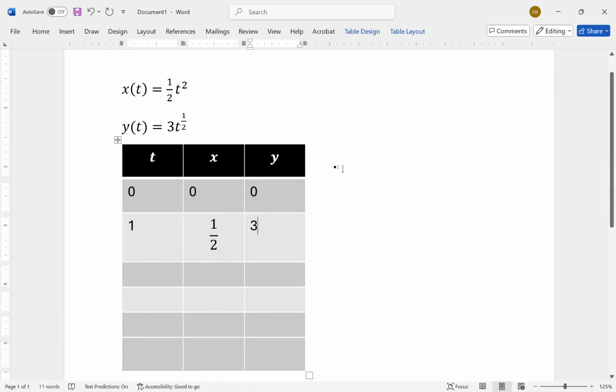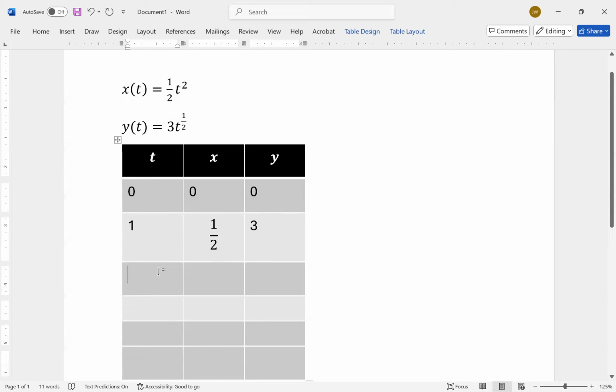So at t of 1, I'm at the point 1/2, 3. And then you can plug in other values. Notice that, by the way, it won't let you plug in negative values for t because of the 1/2. So the domain of t is from 0 to positive infinity. That's why I'm not plugging in negative values there.